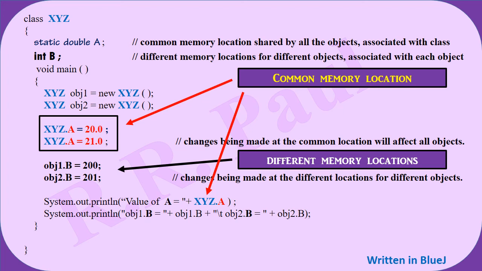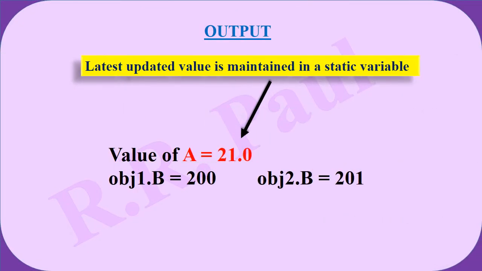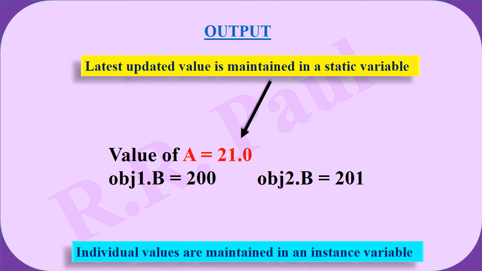Just see the output that is coming up. A value of A is 21.0, that is the updated value, and value of B will be different for the two different objects. This is an instance variable.